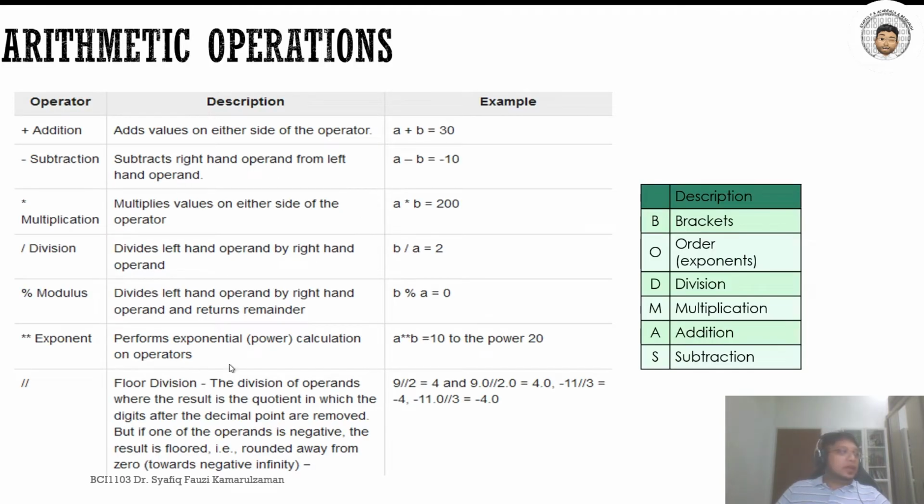Let's start with arithmetic operations first. This is something we have done before, indirectly, so I'm going to focus more on the other content this week. The arithmetic operations are addition, subtraction, multiplication, division, modulus, exponent, and also floor division, which we have discussed before.